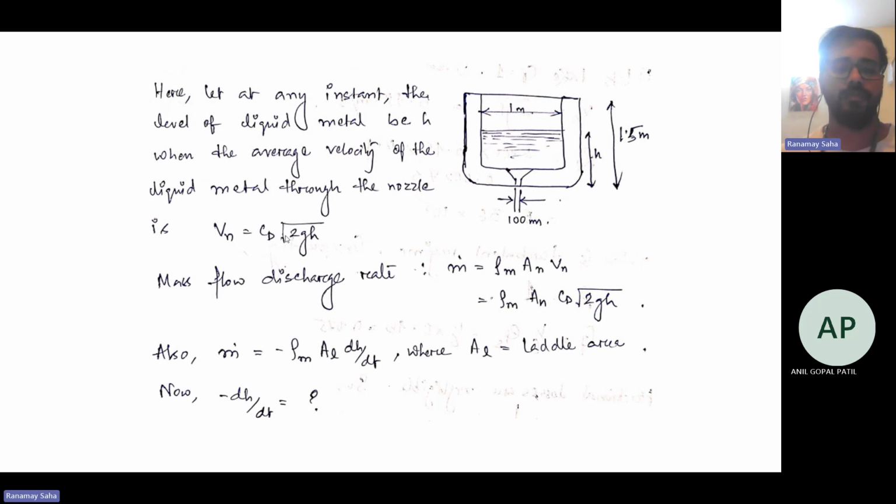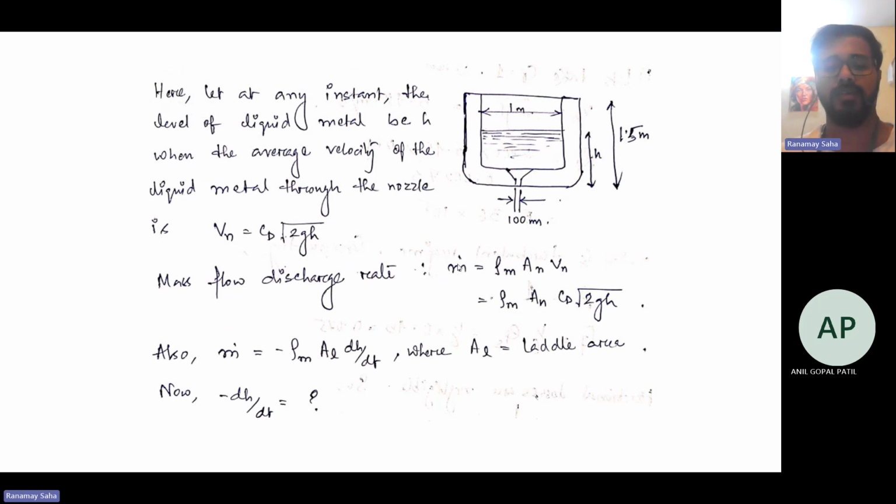We have seen in the earlier problem where we were calculating velocity simply through root 2gH. The CD term has come out here because we are considering the frictional losses. CD is the coefficient of discharge.